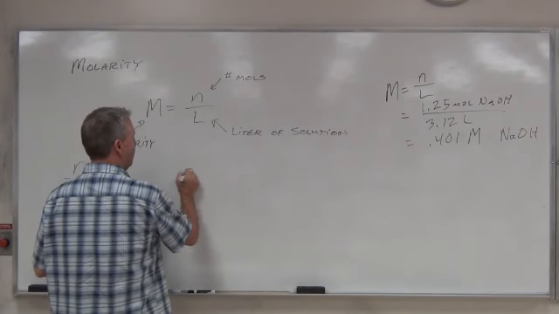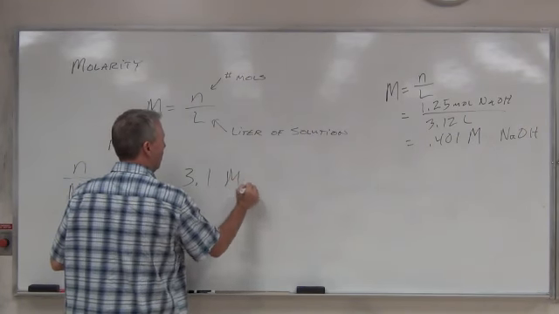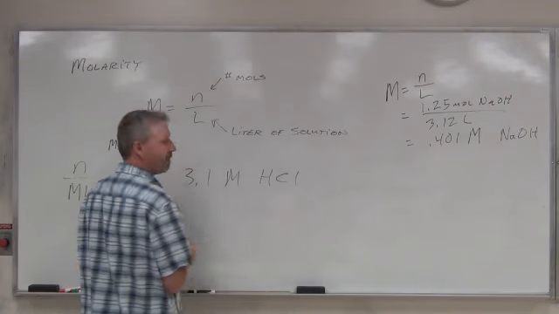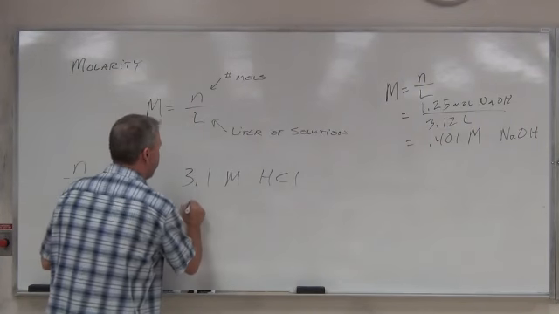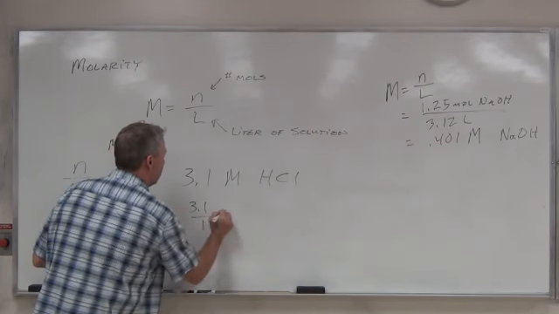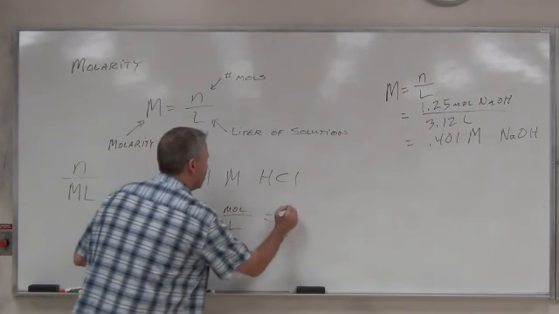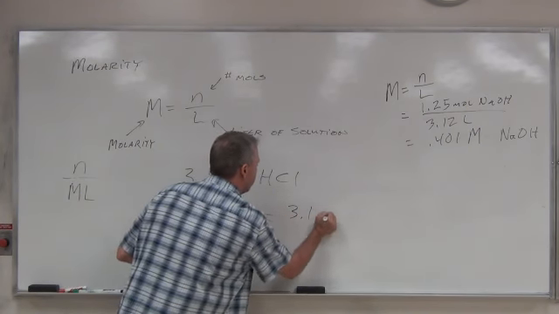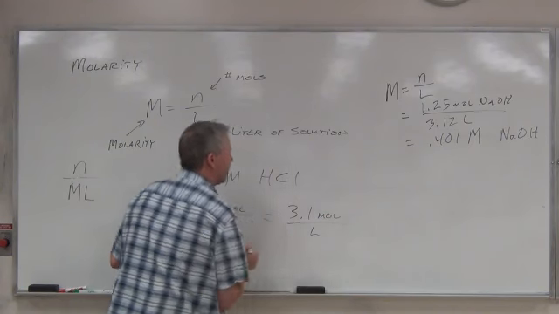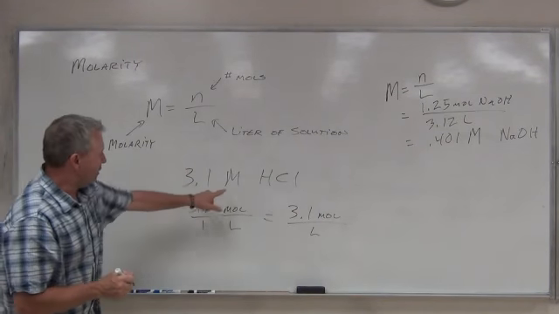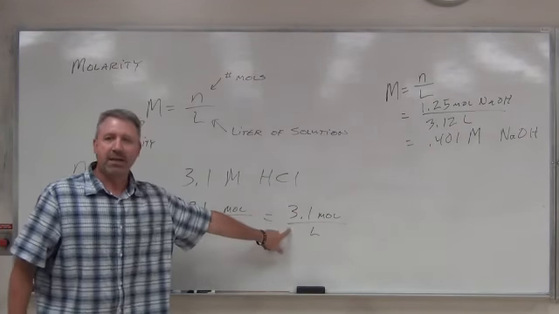So if you have a 3.1 molar HCl, you can take this and go 3.1 over 1 liter, and this becomes 3.1 mole per liter. You see how you change that into a fraction? And now you can use it.